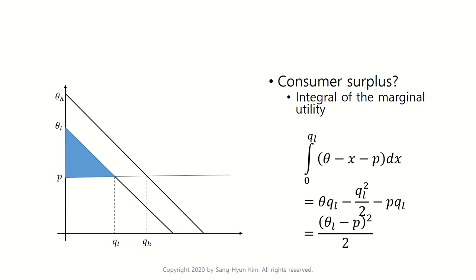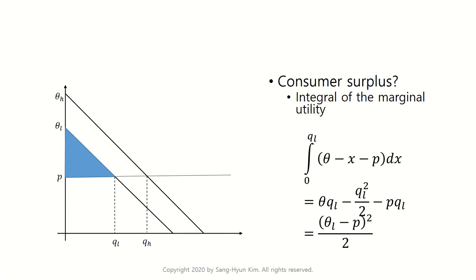That's exactly the area of this blue triangle. So you can see the relationship between utility and demand, or consumer surplus and demand.